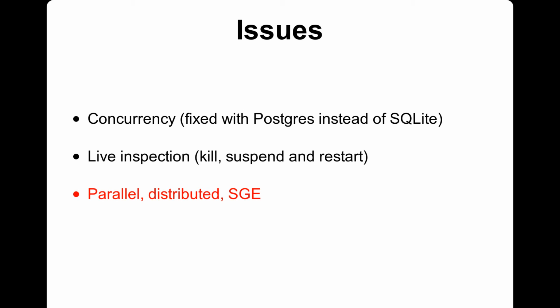SMT knows that you've launched an MPI run job, but it doesn't know about all the nodes that the MPI run is using. So that sort of relates to inspection. It has to know where the jobs are being run, and it currently doesn't know that.